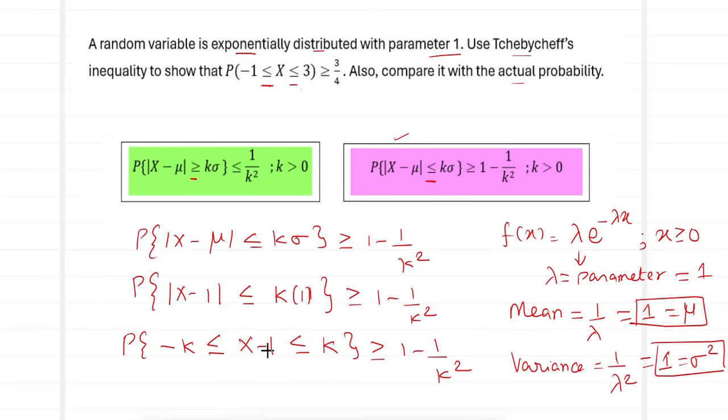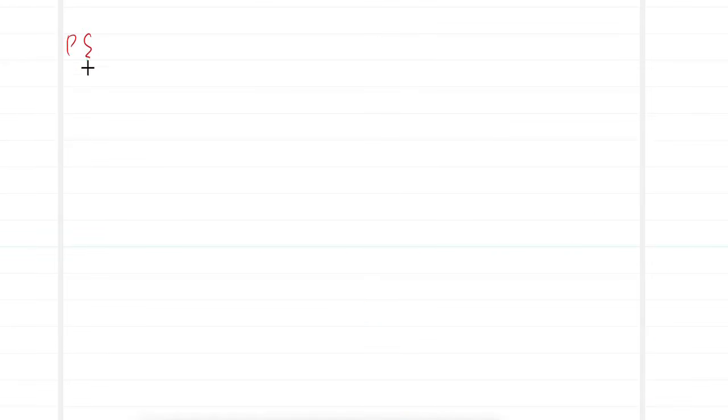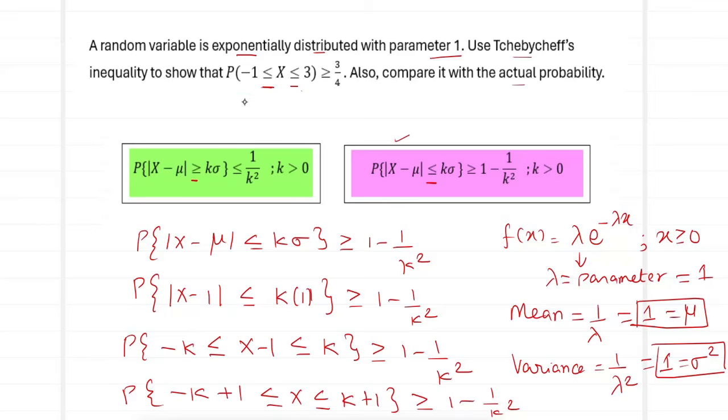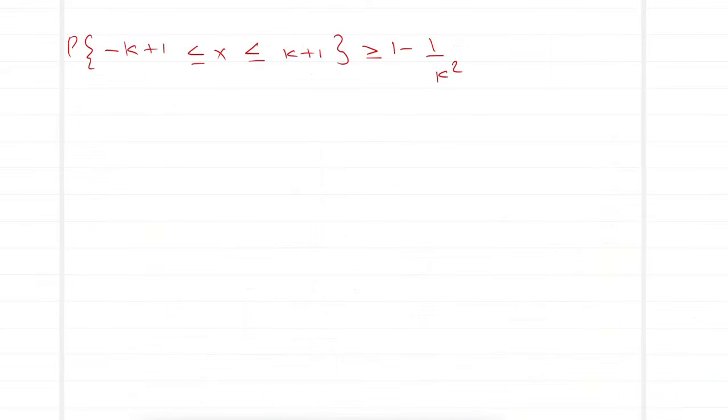Now, add 1 to both sides. So you get minus k plus 1 less than or equal to x less than or equal to k plus 1, greater than or equal to 1 minus 1 by k square. What the question requires us to find is the probability of minus 1 less than or equal to x less than or equal to 3.